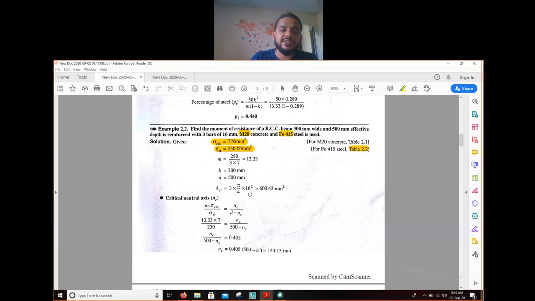Next we have to find out the critical neutral axis. In the last class I told you, for a balanced section, whatever neutral axis we get is known as the critical neutral axis.